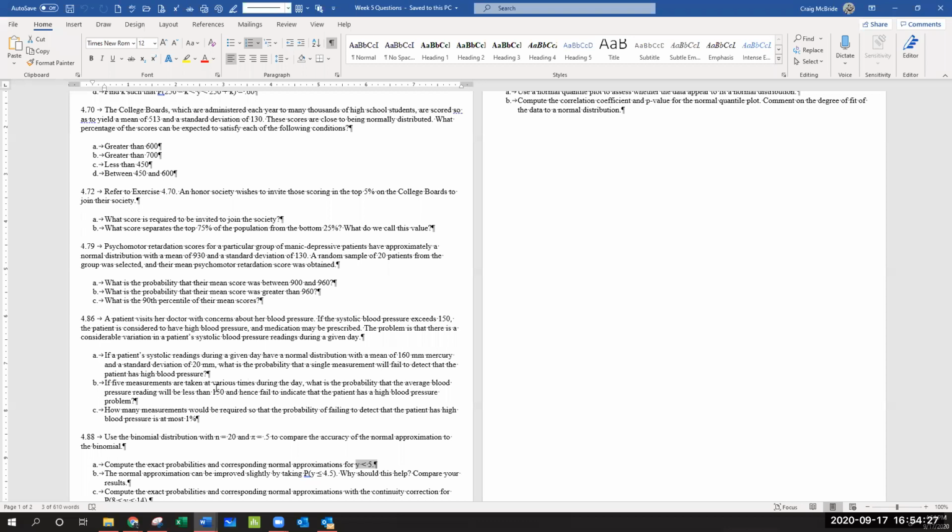Yes, exactly. So for part A where it says y needs to be less than 5, in Excel, you would do the binom.dist, right? The binomial distribution, you would put in true to make it cumulative, and your number of interest, your x, would be 4, because to be less than 5, you've got to be 0 through 4.